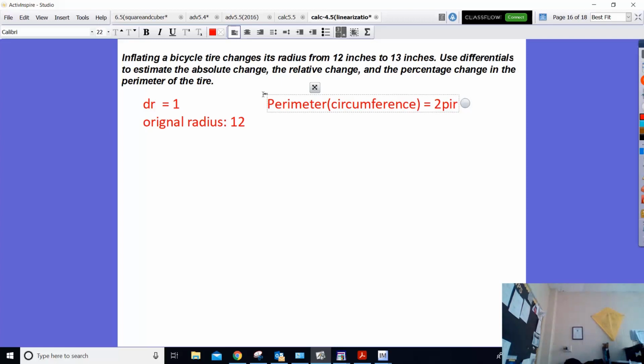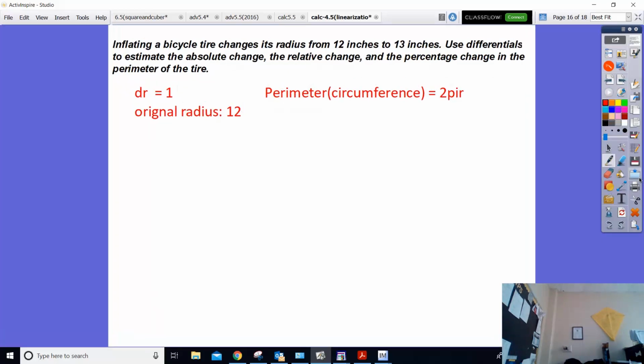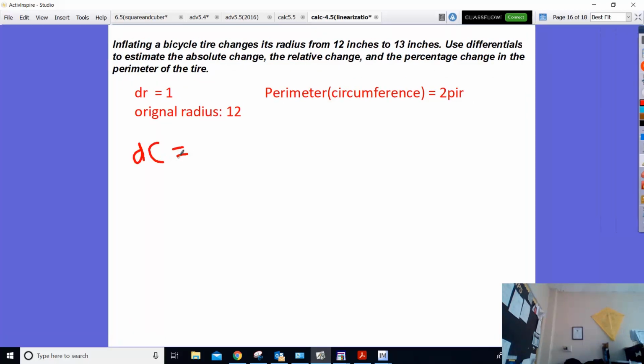So we're not going to find dA, we're going to find dC or dP. So change in circumference would be the derivative of 2 pi r. What's the derivative of 2 pi r? 2 pi with respect to r. 2 pi dr.